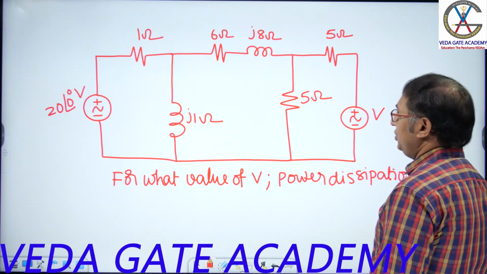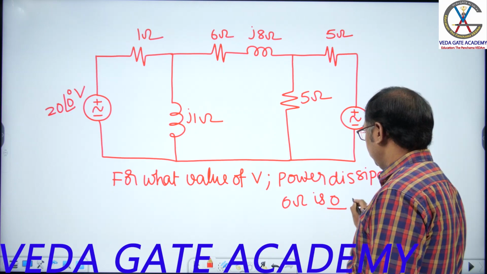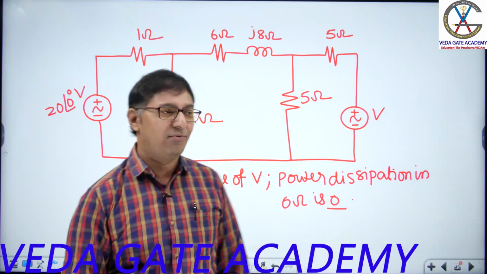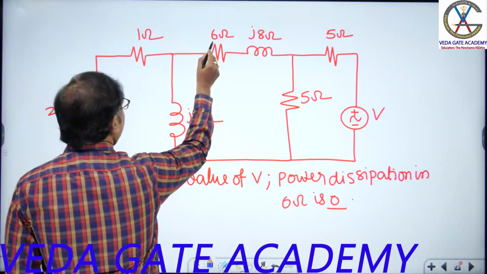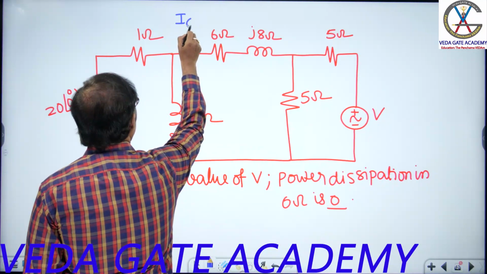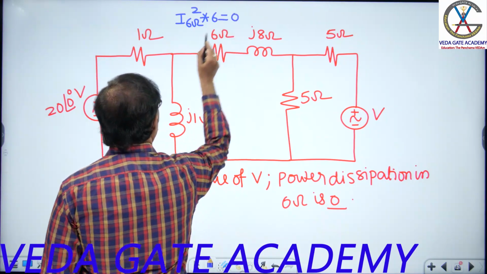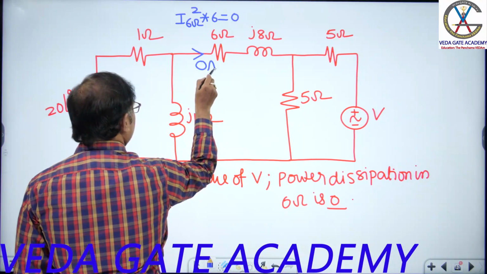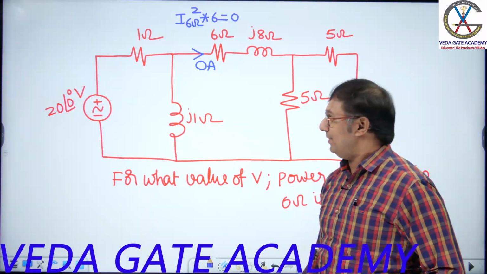Power absorbed by 6 ohm is 0 means I6 squared into 6 equals 0, so what is this current? 0 amperes.